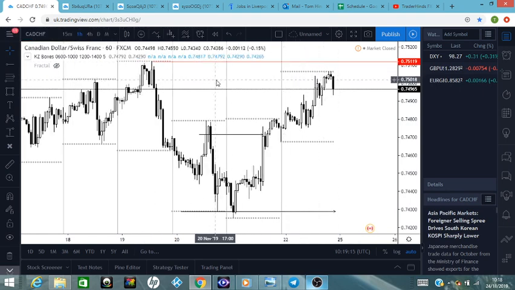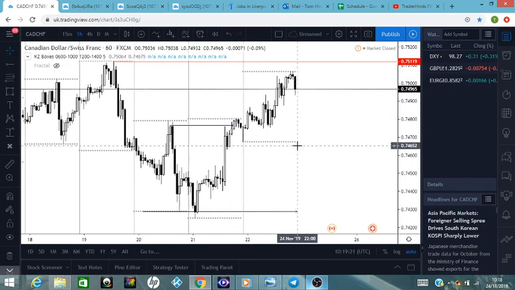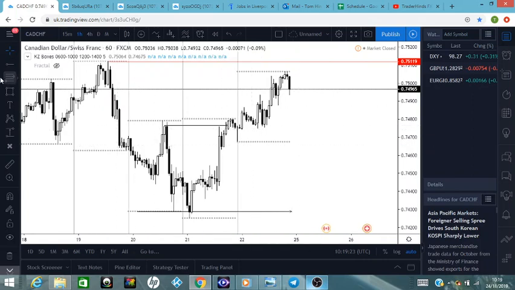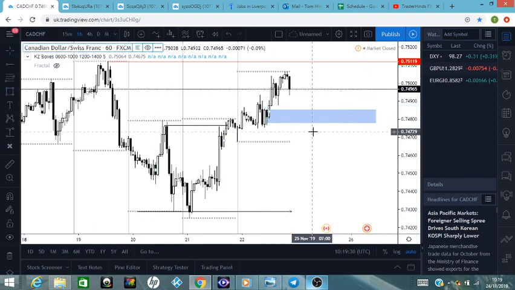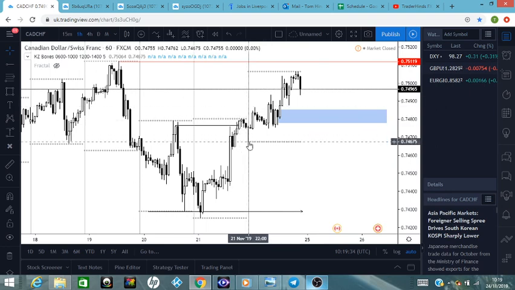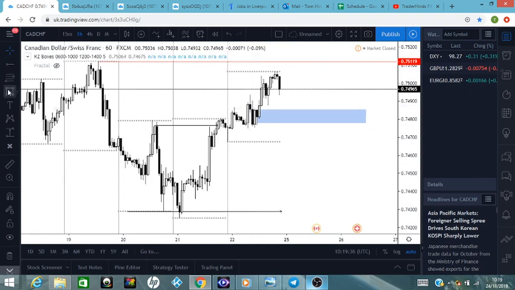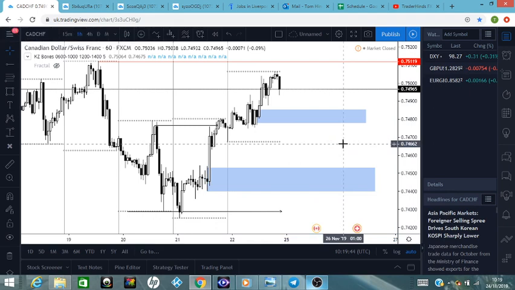We didn't come and take it because we've reacted from this order block. So potentially there are a number of blocks we could use. We could use this one, which is untouched, as this one was used by this wick, or we could come and use this block which is available to us here.